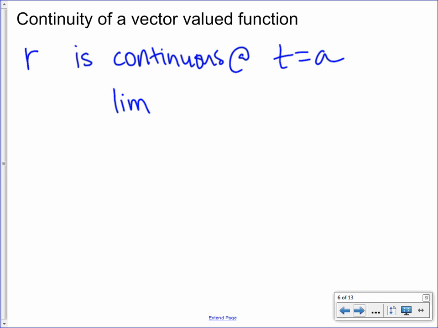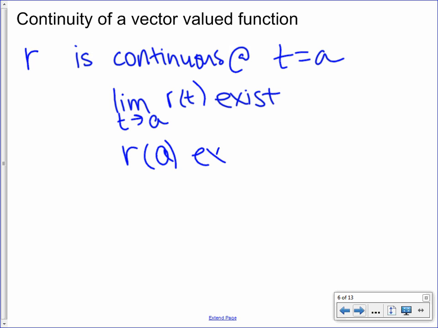So first of all, the limit as t approaches a of r of t needs to exist. And then r of a exists. And the limit as t approaches a of r of t equals r of a. I'm guessing.